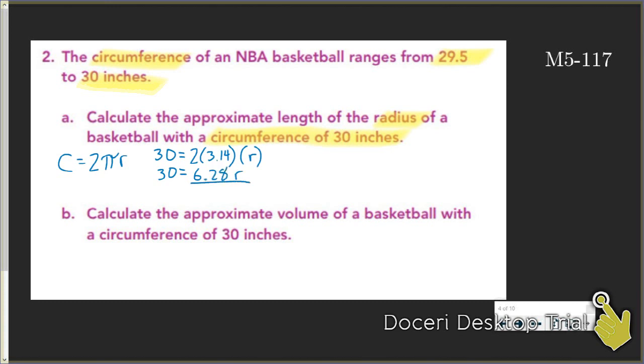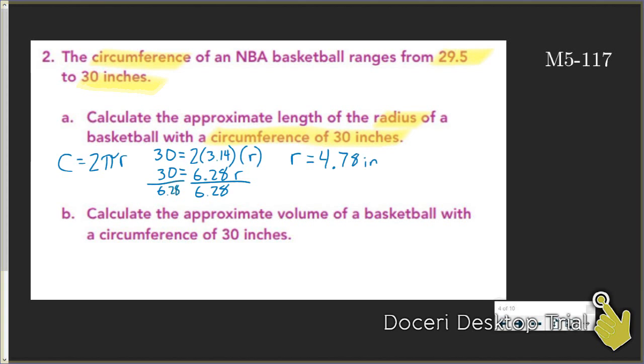Now we're going to divide by that number on both sides. And when we do that, that's going to leave us with the radius. I'm out of room, so I'm going to write it over here. So the radius, when we divide in the calculator, is going to give us 4 and 78 hundredths, and that is in inches.